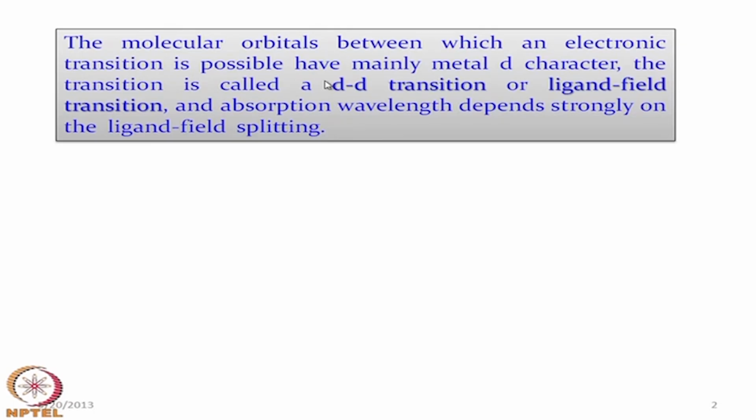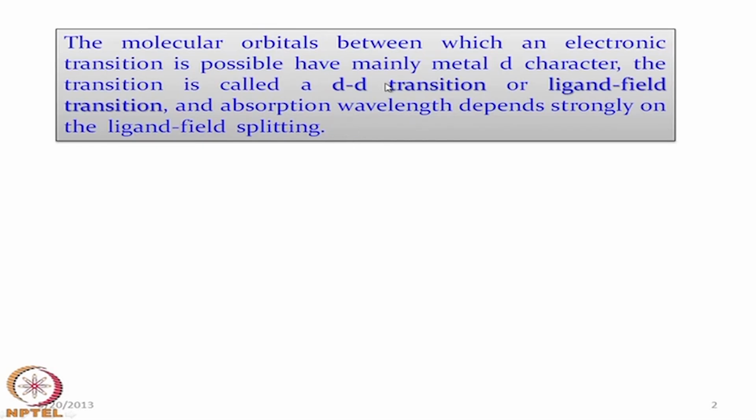We see that there are 5 d orbitals, and in an octahedral crystal field the 5 d orbitals will be split into 2 between the t2g and the eg set, and if the transition is taking place from the t2g set to eg set, we will be considering those as the corresponding d-d transitions, and these transitions can also be considered as ligand field transitions, and the absorption wavelength will be dependent strongly on the ligand field splitting.